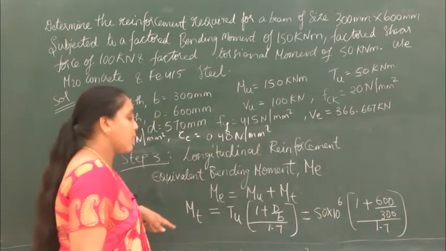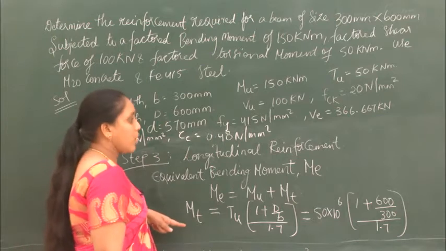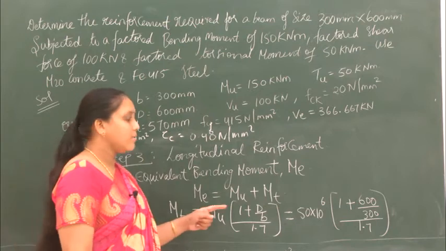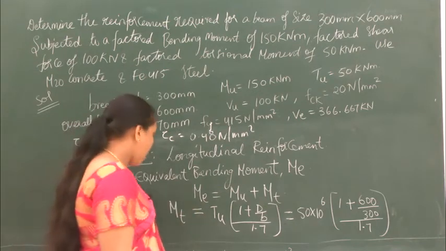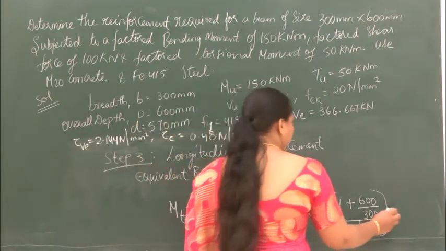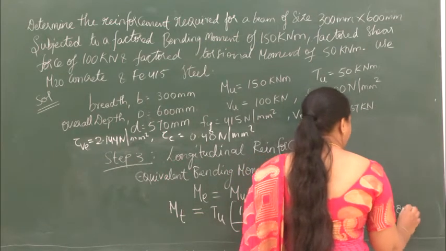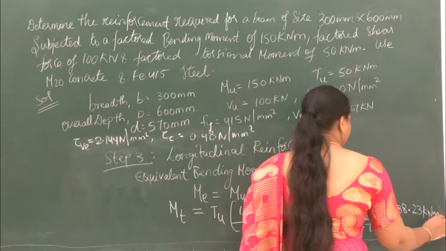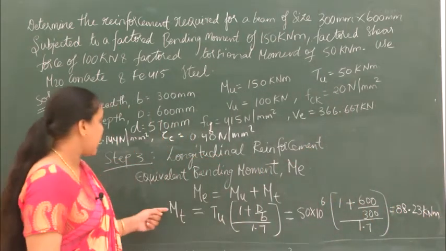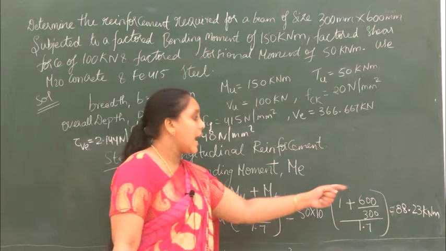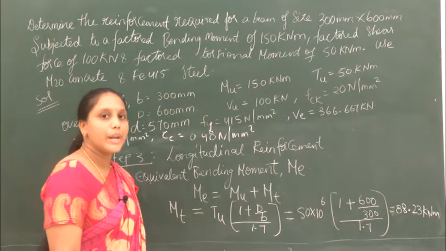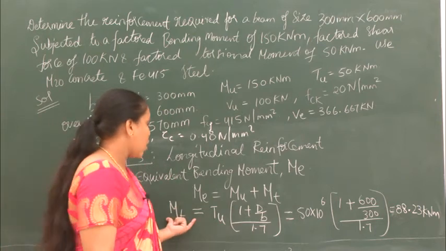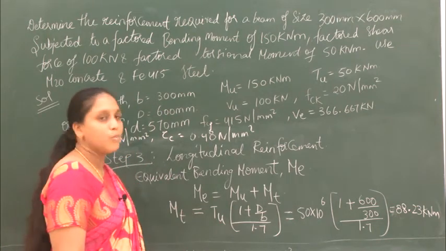So from this you will get the value of MT. If you solve this, you will get the value of MT as 88.23 kilonewton meter. So this is your torsional bending moment.